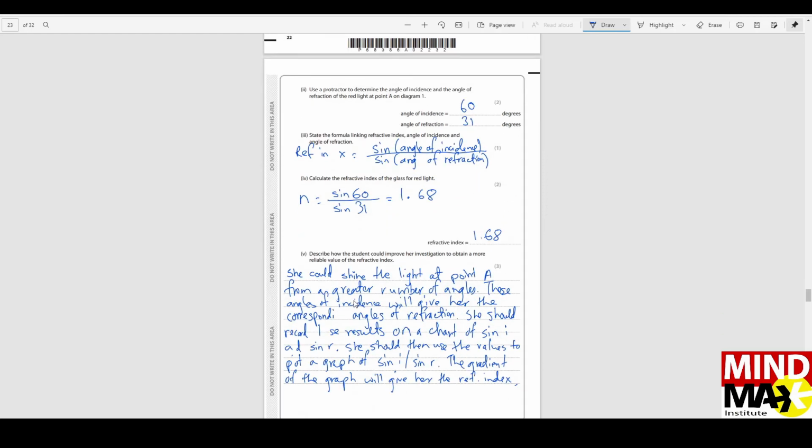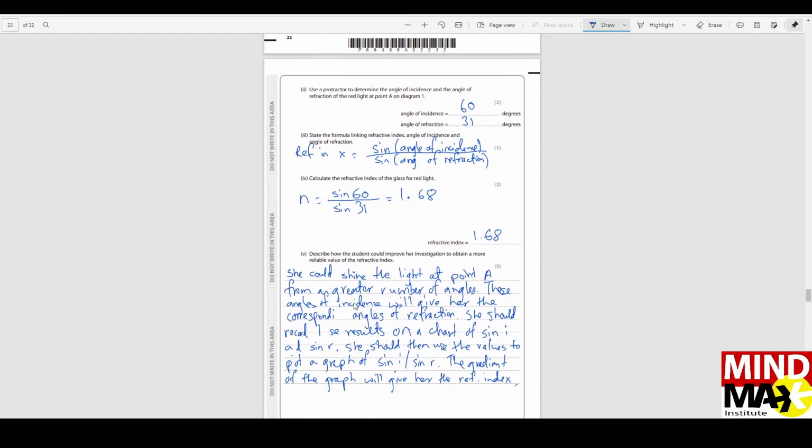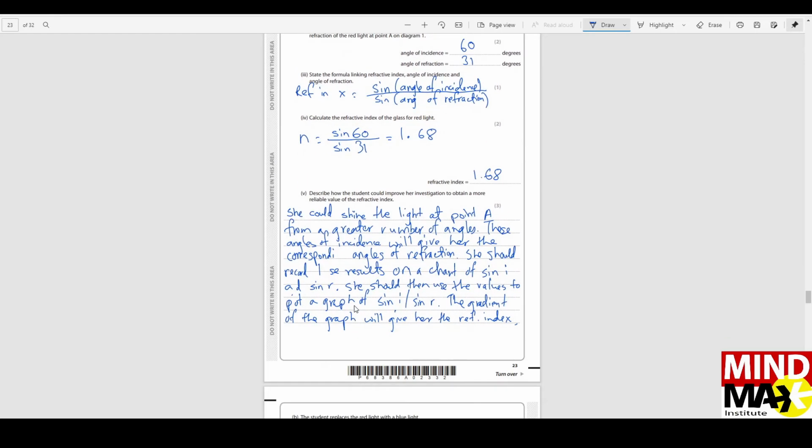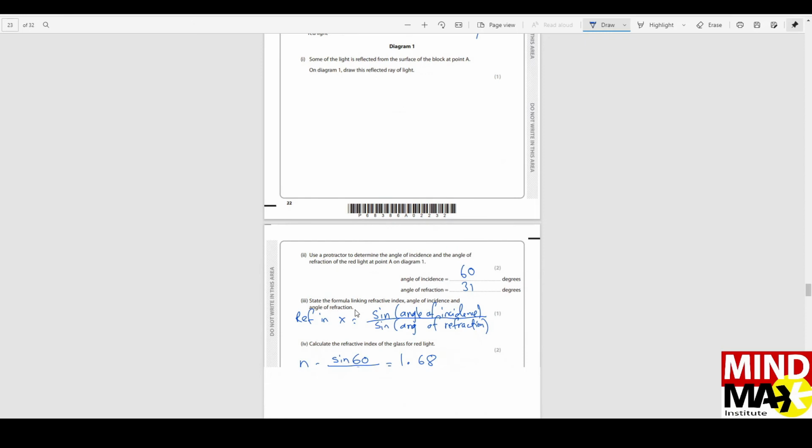Then describe how the student could improve her investigation to obtain a more reliable value of the refractive index. So this is where the graph comes into use. You have to take many values of angle of incidence by shining the red light at different angles of incidence. Many different angles of incidence will give you different, corresponding angles of refraction. We have to record these values in a table.